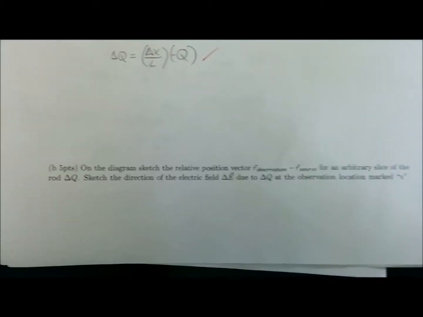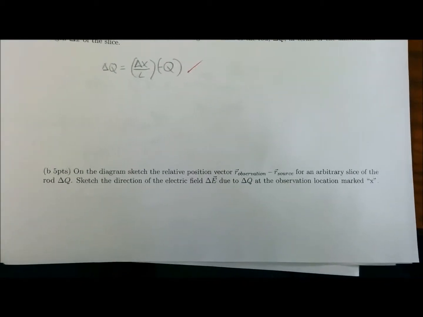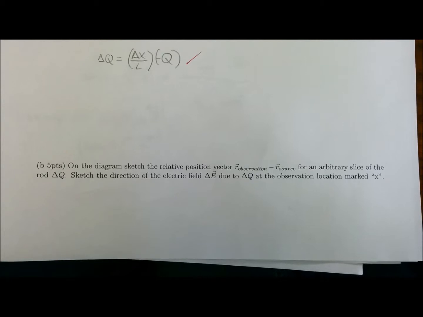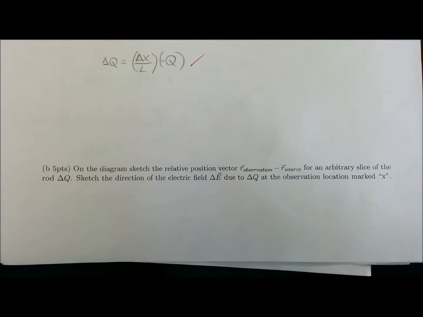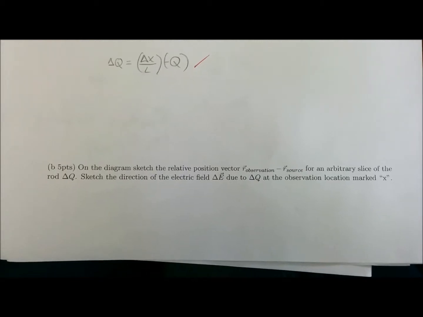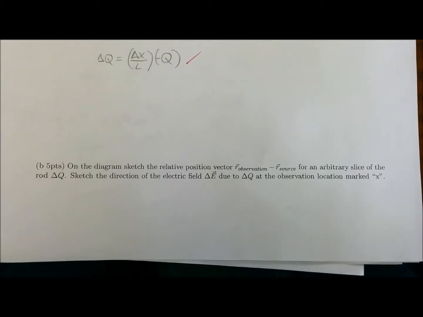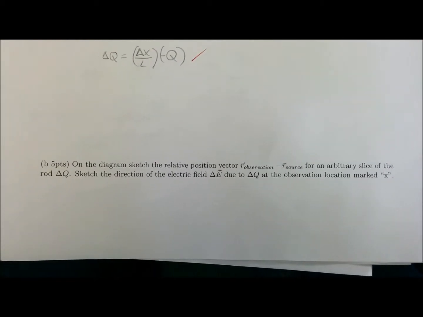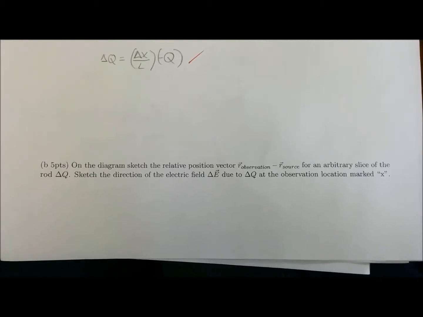Okay, so the second part of this problem asks us to draw a relative position vector. So from R observation minus R source, which is the same thing as the vector from the source to the observation, because that's how you calculate the R vector.